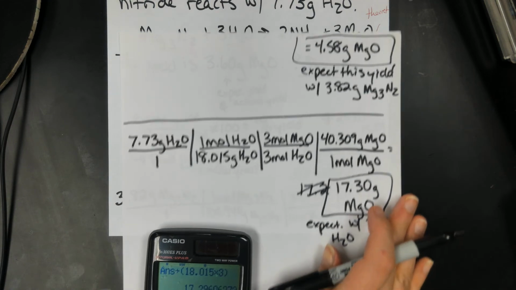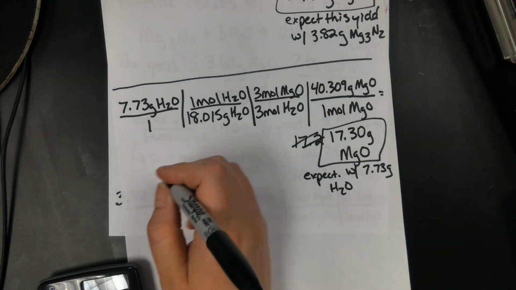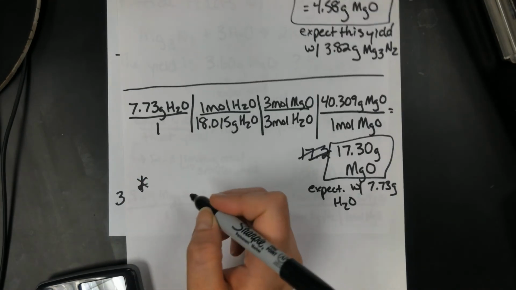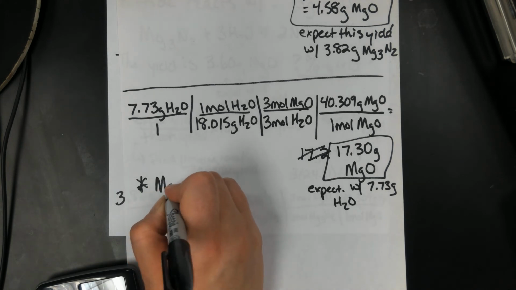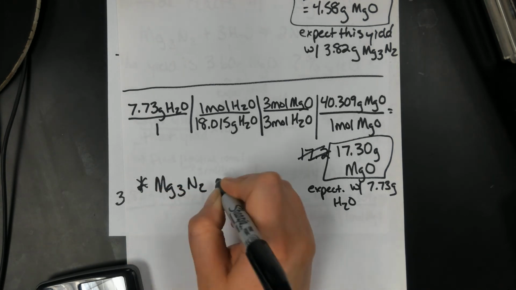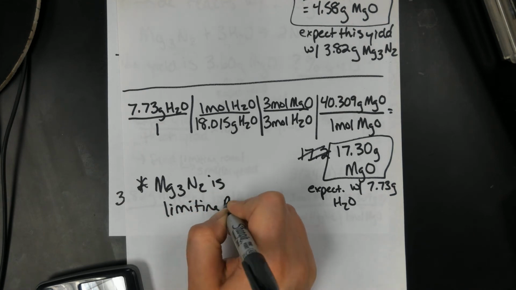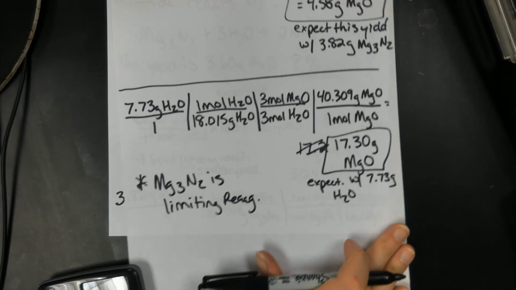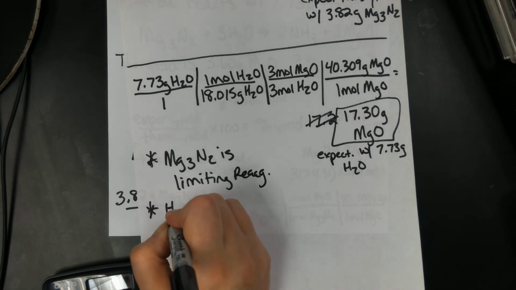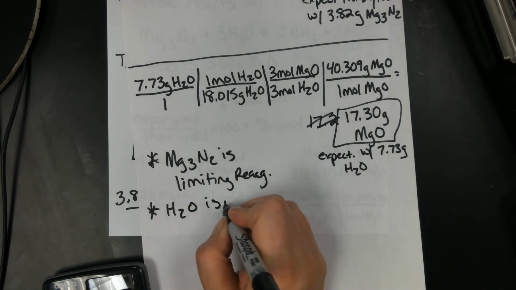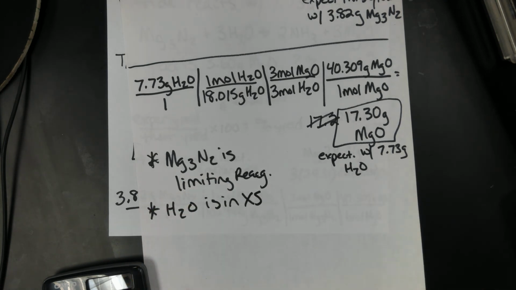So what did we just determine? We just determined that the magnesium nitride is the limiting reagent. What else did we determine? We determined that the water is in excess, right?